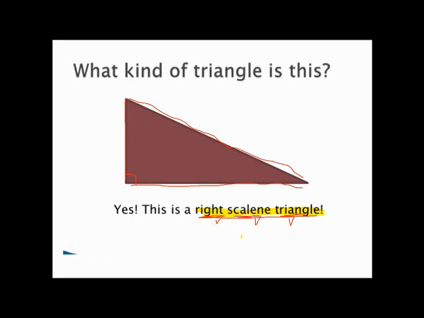It's made up of the two classifications together: classifying according to the measure of the angle, which is the right, and classifying according to the side length. So here is the side length classification, and here is the angle measurement classification.